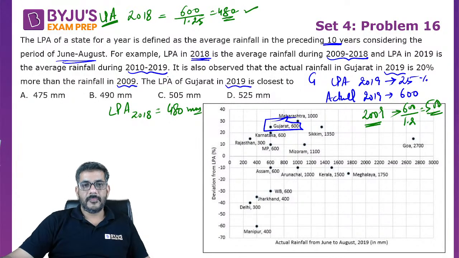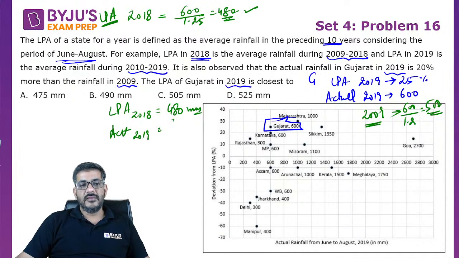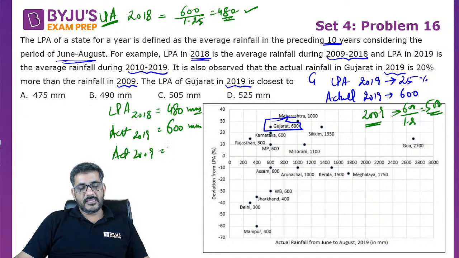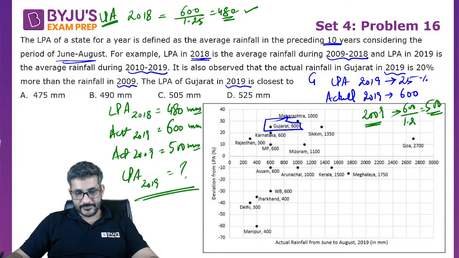We have actual rainfall of 2019, that is 600 mm. We have actual rainfall of 2009, that is 500 mm. And question is asking you the LPA of 2019 कि ये बताइए क्या आएगा.